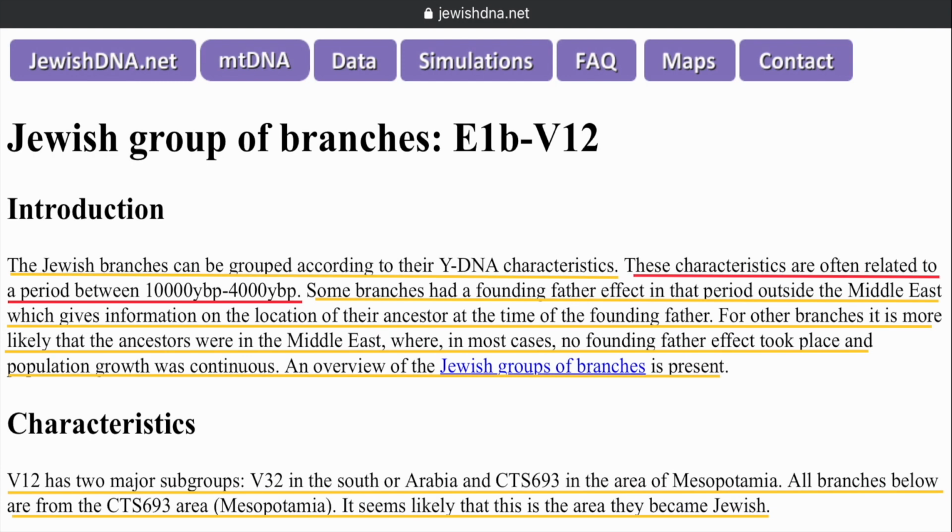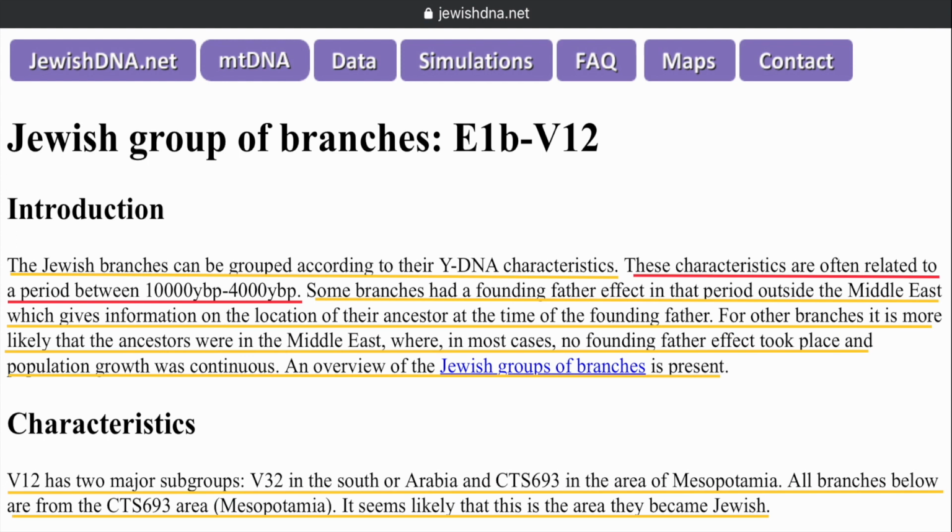According to JewishDNA.net, Jewish group of branches E1B-V12, it reads, the Jewish branches can be grouped according to their Y-DNA characteristics. These characteristics are often related to a period between 10,000 years before present through 4,000 years before present.